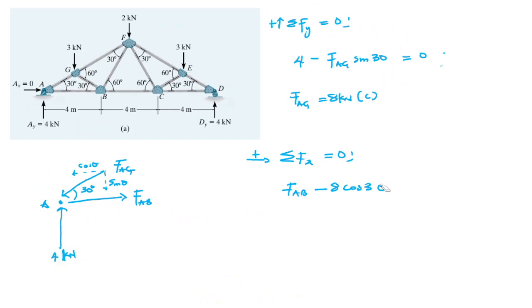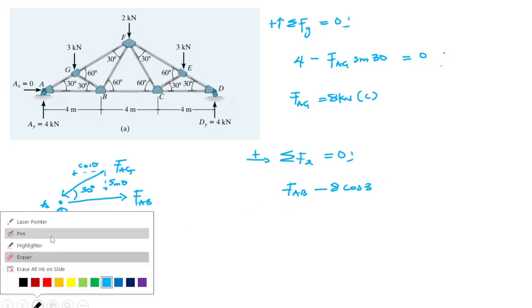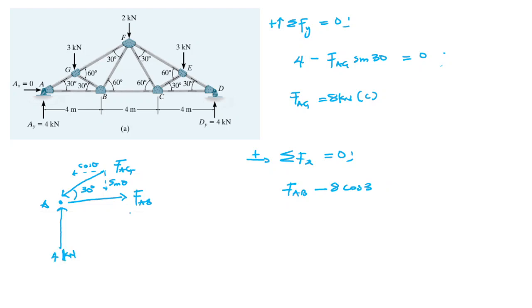We jumped a slide. I just saw that. But no problem, we'll get to it. Minus 8 cos 30 equals 0. Okay, so our FAB still ends up being positive.